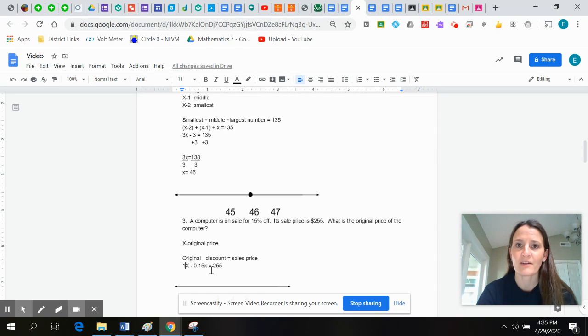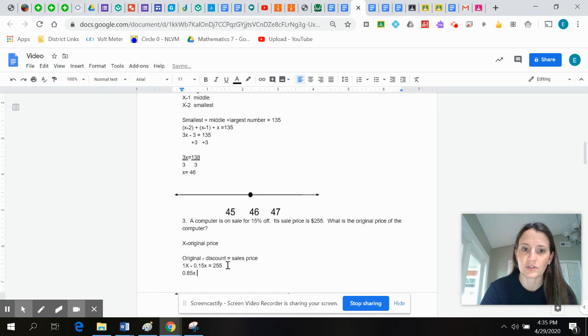We're paying 85%. So by combining our like terms, that gives us 0.85x. And it also makes sense in the fact that we're paying 85% of the original price.